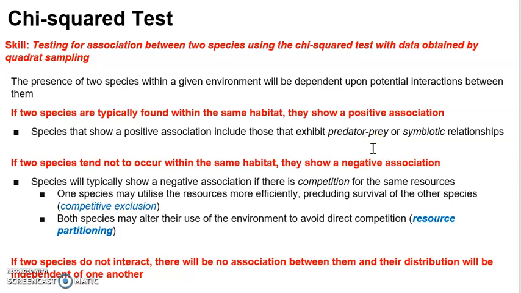I also want us to think about a negative association, and we'll come back to the idea of a negative association when we look again at niches and we look at this idea of competitive exclusion and partitioning.